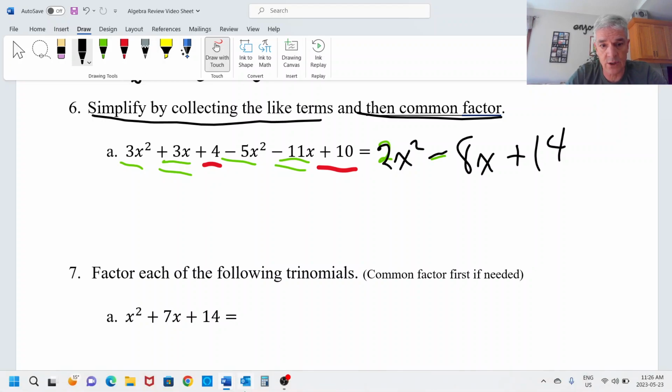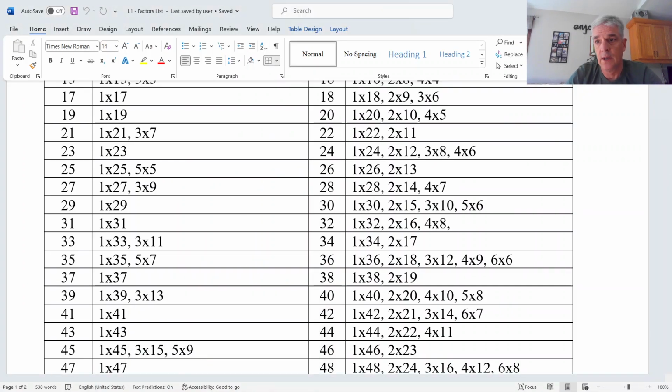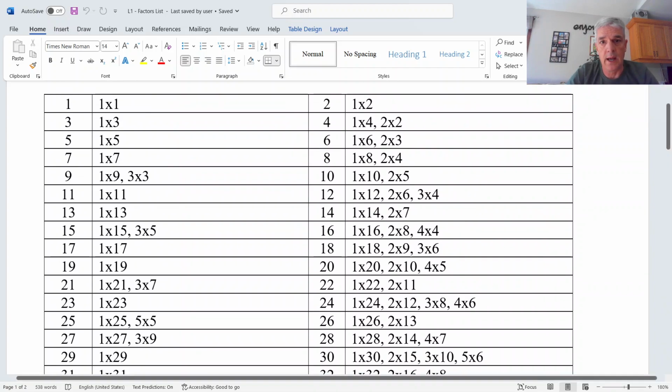You can go to your factors list and look those up again if you want to. You can literally come here and look up those numbers. You got to have 2 up here is 2 times 1. What was the other one? 8, 1 times 8 and 2 times 4, and then finally 14, which is 2 times 7. And 2 is your common factor there, okay?